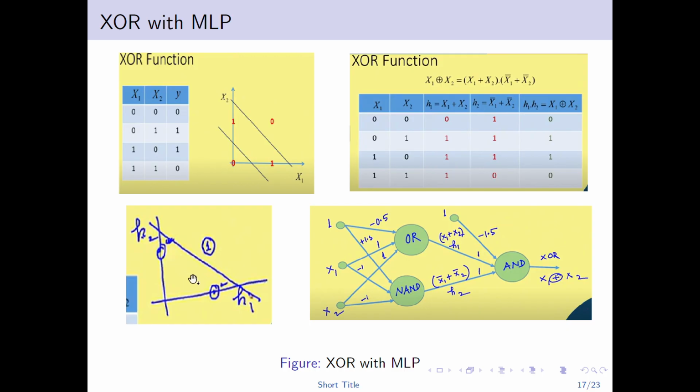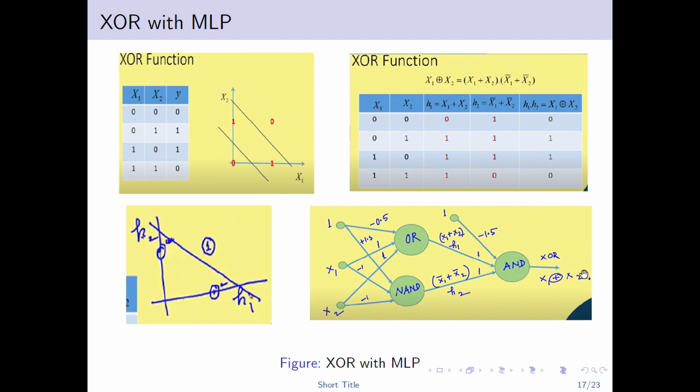This is the diagrammatic representation when we plot the values of h1 and h2, the intermediate results that we got. Then we can have a straight line separating these two categories of outputs. So we cannot have a single separating line for an XOR function, but in the intermediate level we use an OR function and a NAND function, and their outputs are passed to an AND function.